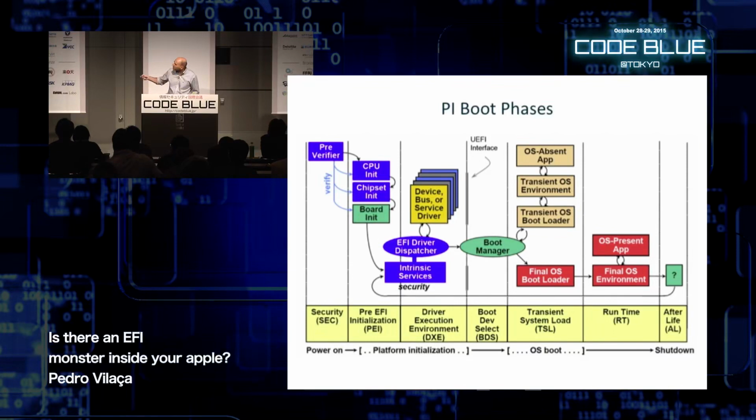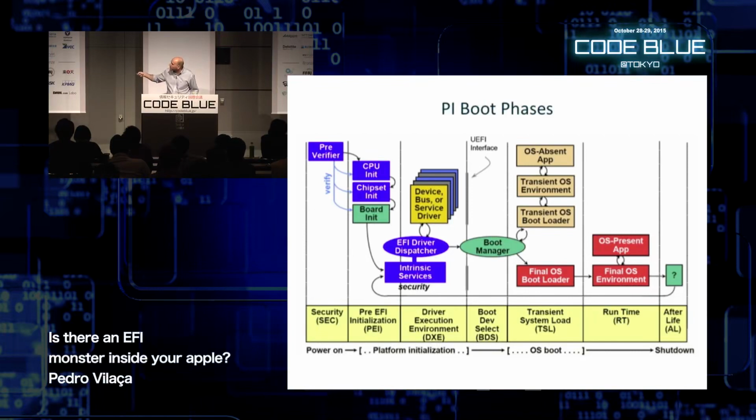And then when this phase is over, you pass control to the bootloader. If it's Linux, it can be GRUB or another loader. If it's a Windows machine, it passes control to the Windows bootloader, and so on. So at this phase, the operating system or the bootloader starts to take control.